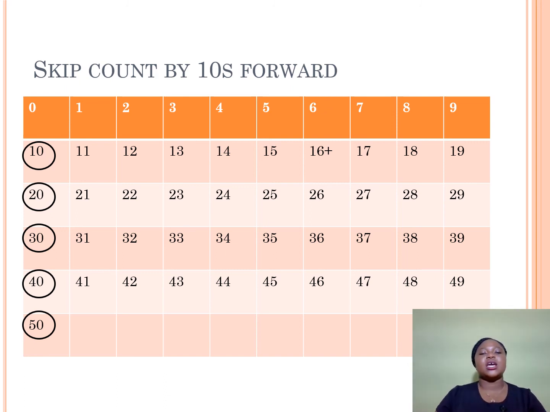So today what we learned was what? Counting tens forward. Counting by tens forward. We skip count by tens what? Forward. And we said skip count by 10, we add a number 10 times or jump over a number 10 times to get the next number, and that is what we did. We counted from 1 and we jumped over them to get the 10th number.